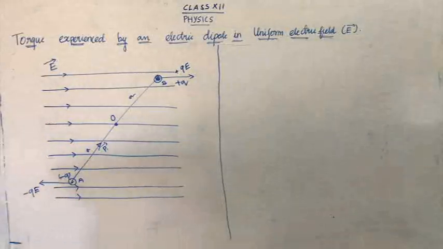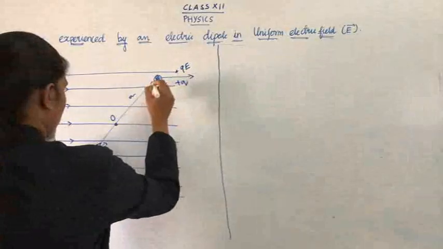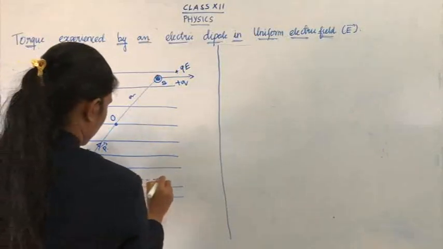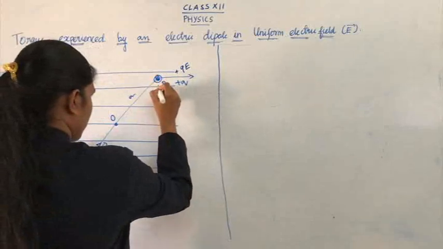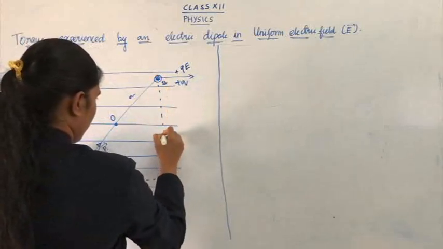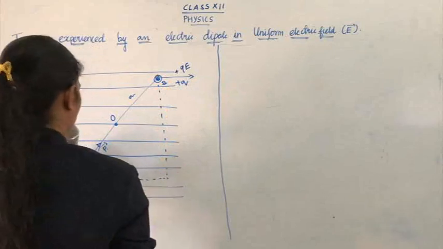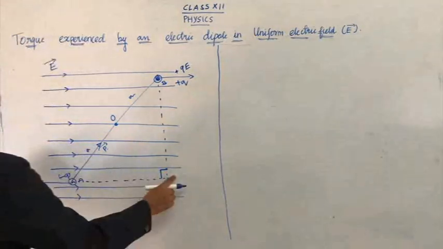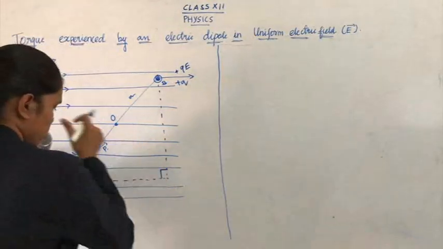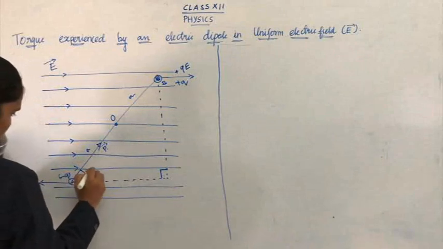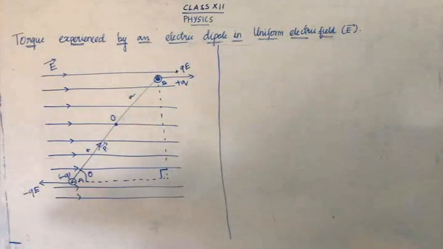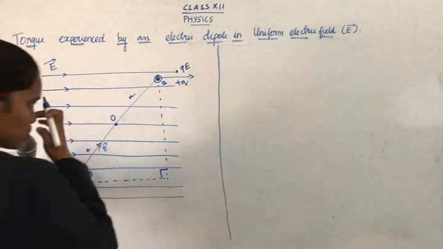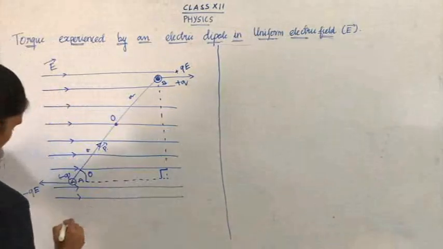Now you make a triangle here. I'm making it with dotted lines. Draw the dotted lines and join them. Here it is a perpendicular, which means the angle here is 90 degrees. Here also there is a theta angle. Now take sin theta.